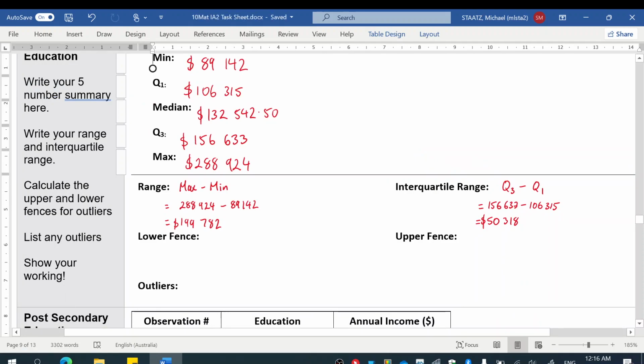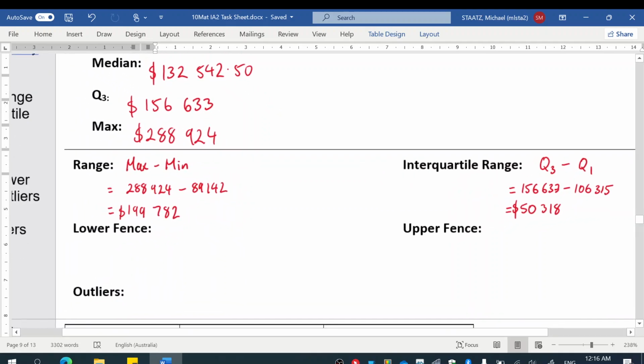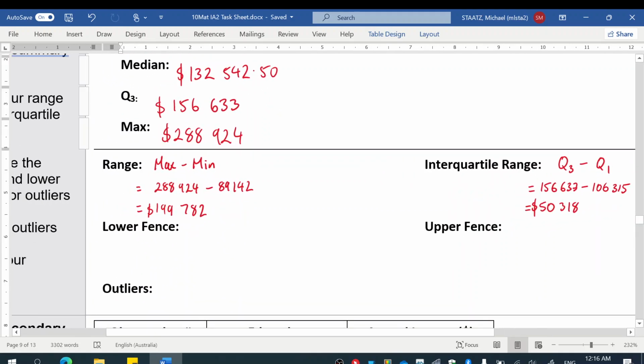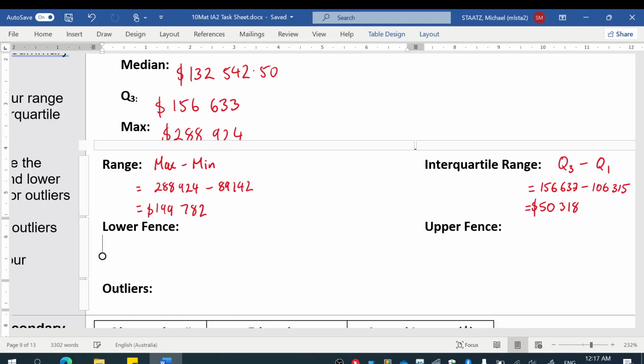Let's see if we can do our lower fence. The calculation for the lower fence is equal to Q1 minus 1.5 times the IQR, or the interquartile range.